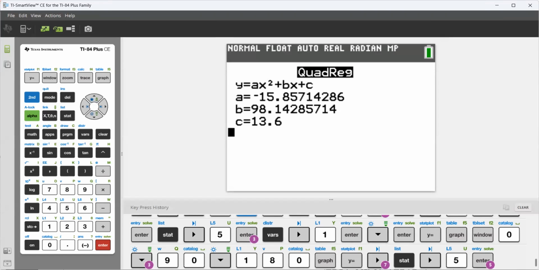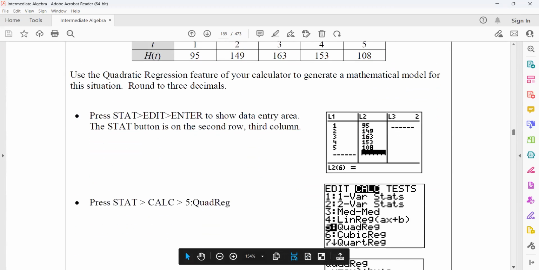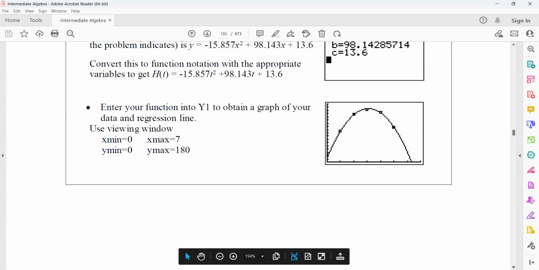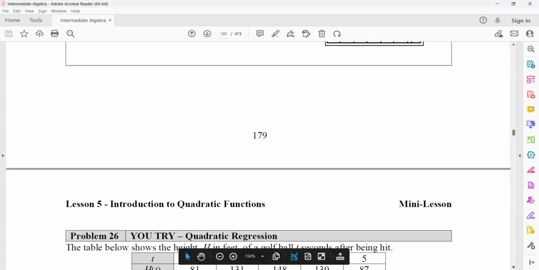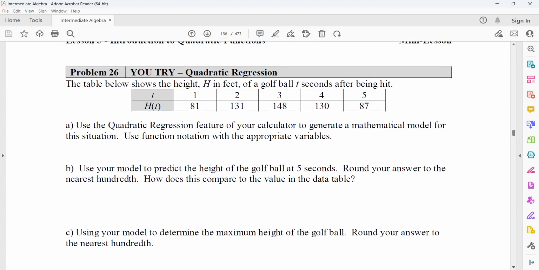Okay, so let's go back to what we are working with. So what do we have? Now, it tells you to state your window, so you state your window. That's about it, okay? Now, let's look at this problem. Use the regression.